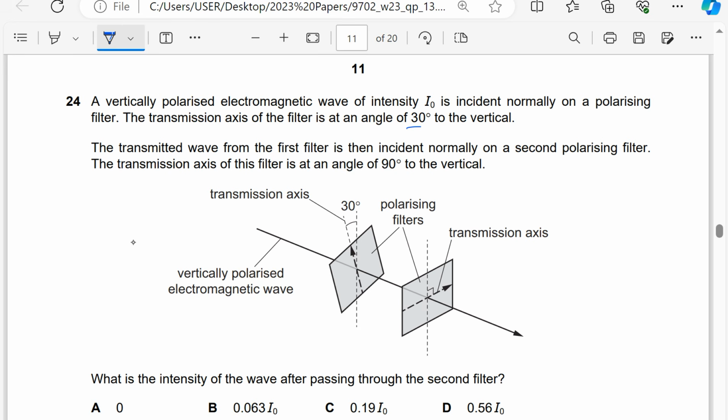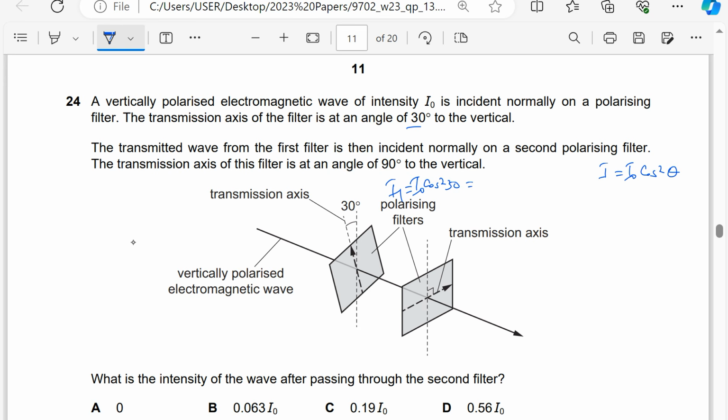For the first one, we know that intensity I is equal to I naught cos squared of theta. So what comes from the first filter? Let me call that one I1. The angle between the vertical and the axis of transmission is 30, so it will be I naught cos squared of 30.